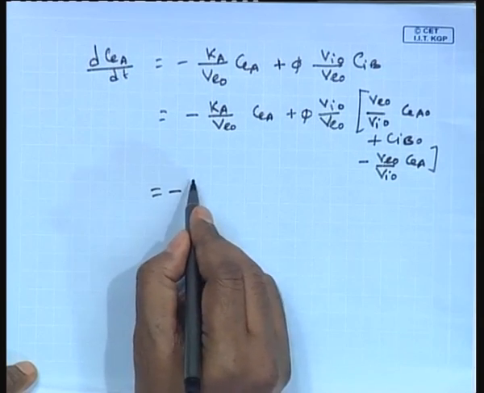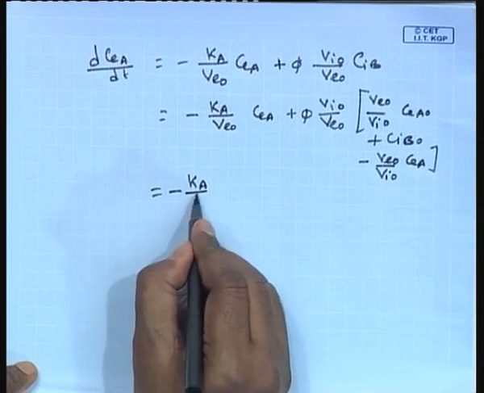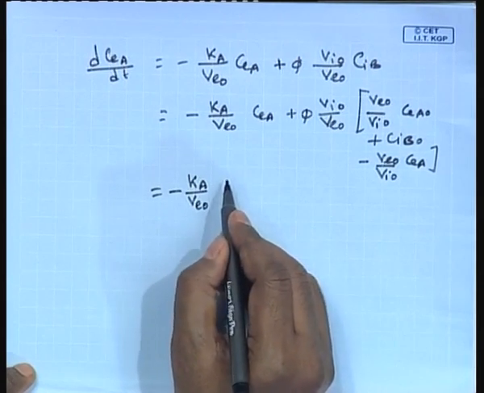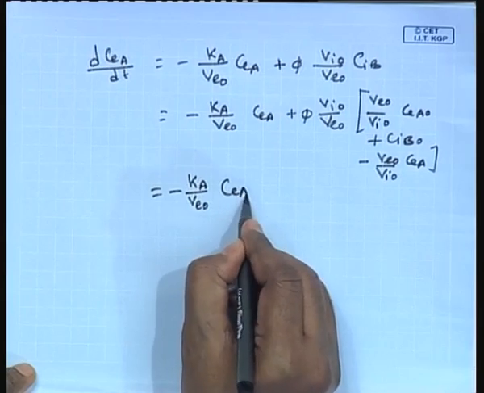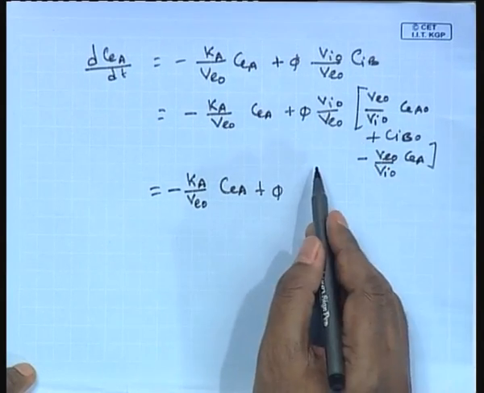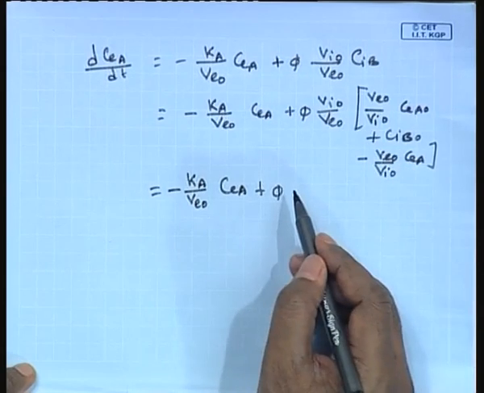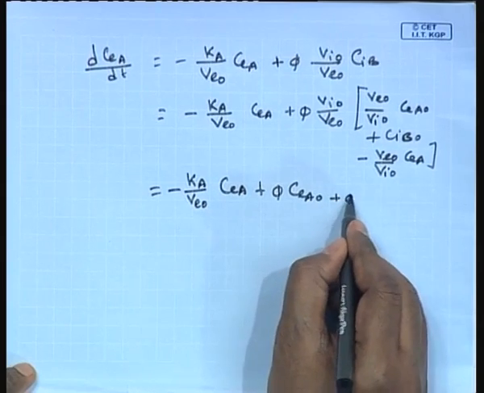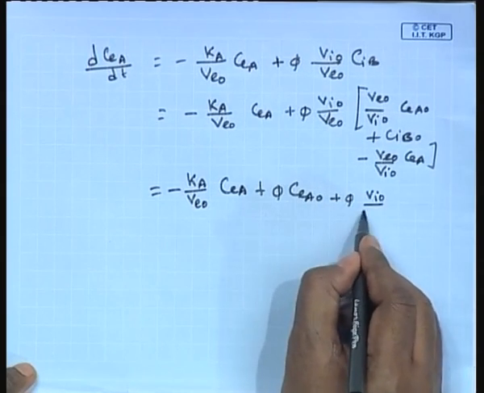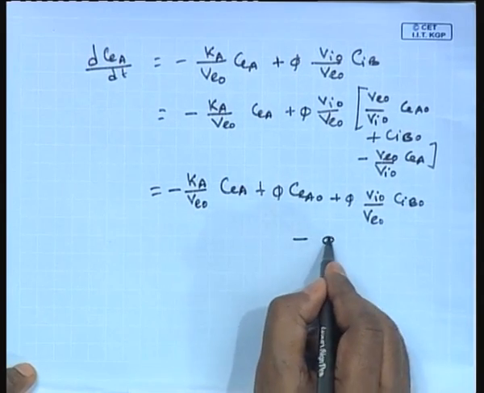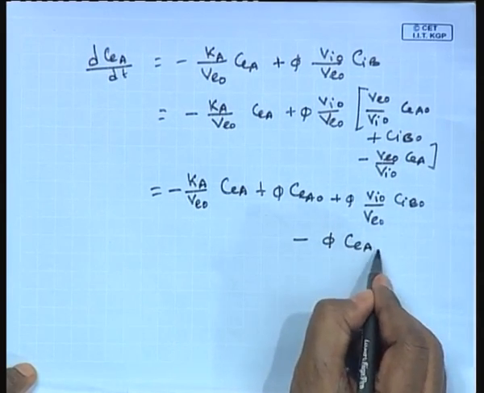I am just opening this bracket up: minus KA divided by VE naught times CEA, plus phi VI naught will be cancelling out, and so you will be getting phi times CEA naught plus phi times VI naught divided by VE naught CIB naught minus phi times CEA.